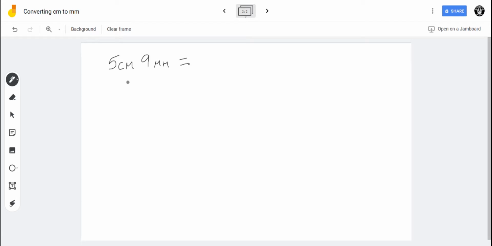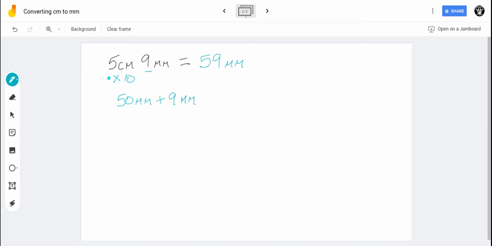Here's what we're going to do. We're going to take our 5 and multiply that by 10, and then we already have our millimeters, so we're just going to leave that alone. 5 times 10 gives you 50 millimeters, and then you would have to add your 9 millimeters. So your answer ends up being 59 millimeters.